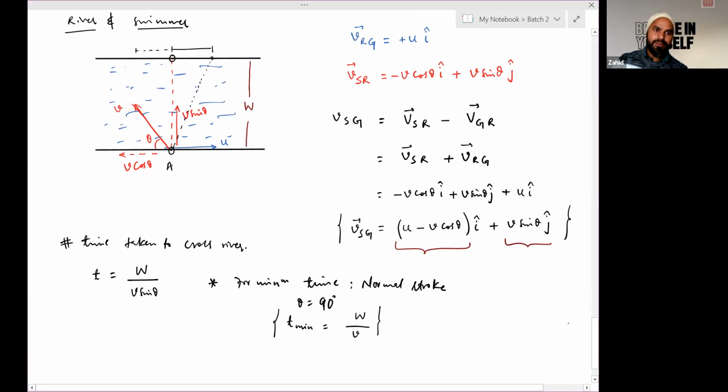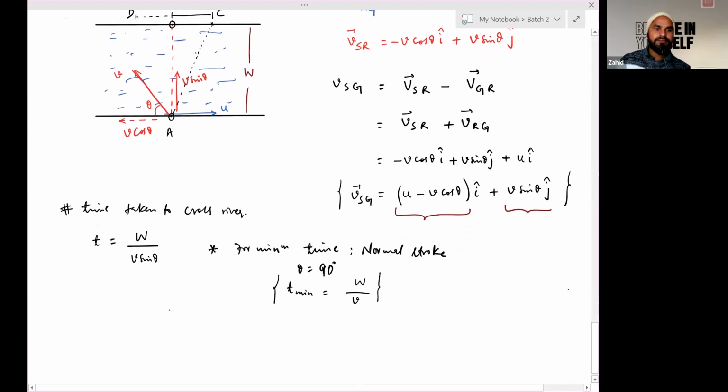Let's say this is point A, this is point B, C, and D. So net drift will be equal to speed into time. We have speed as u minus v cos theta, and time taken to move from one point to other is w over v sin theta.